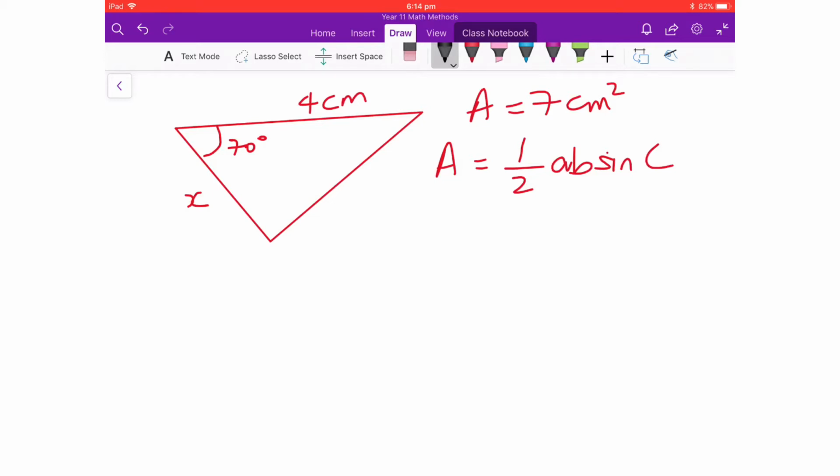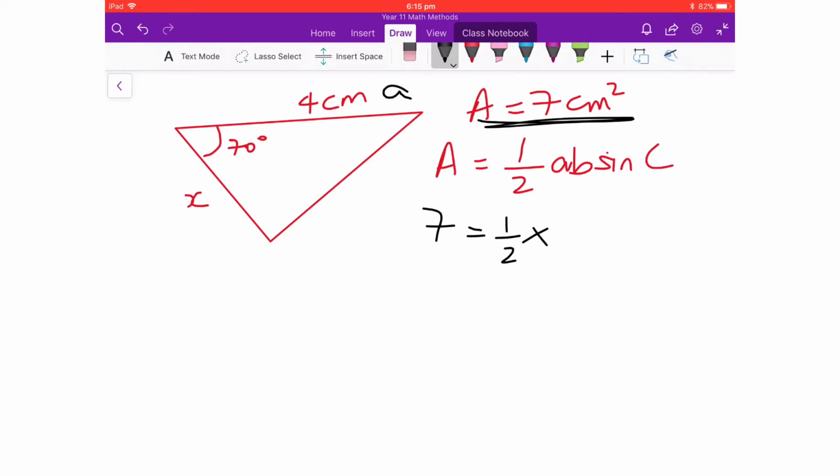First thing I'm going to do is put in values that I know. The area I've been given is 7 centimeters squared, so when I put my values into my equation, I should get an answer of 7. So I'm going to go 7 centimeters squared is equal to half times A. A is just a side that you're given.